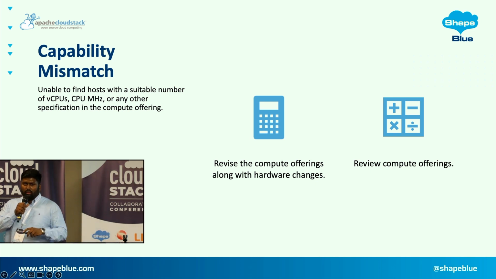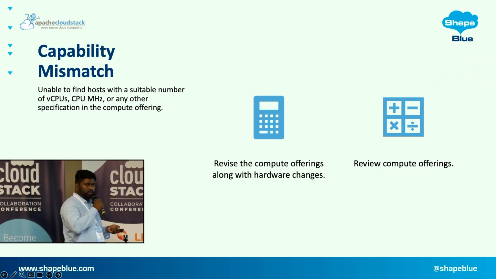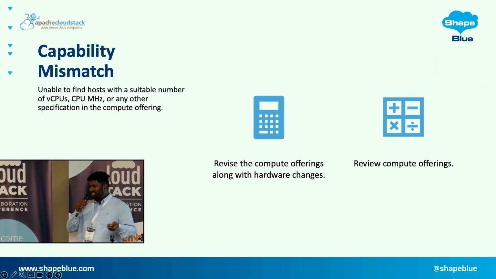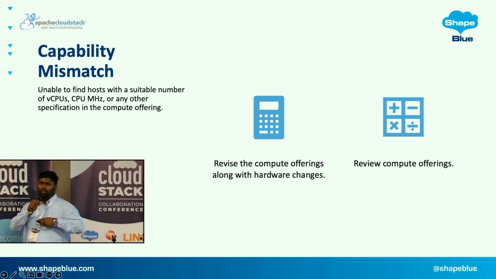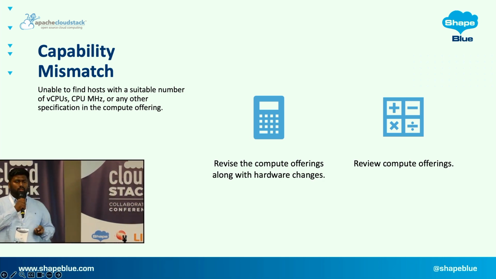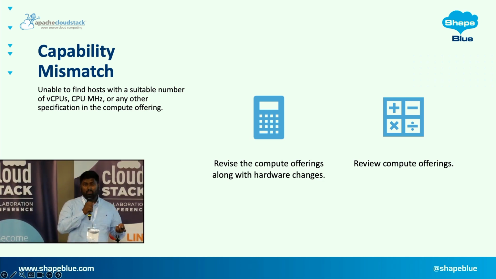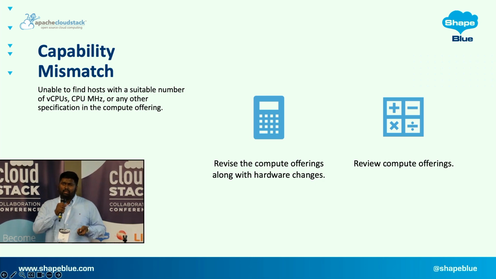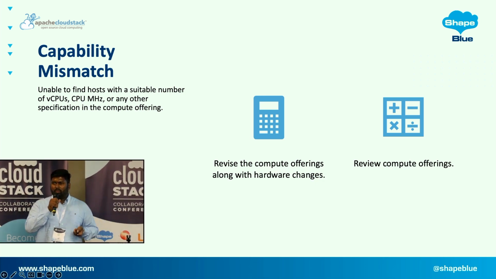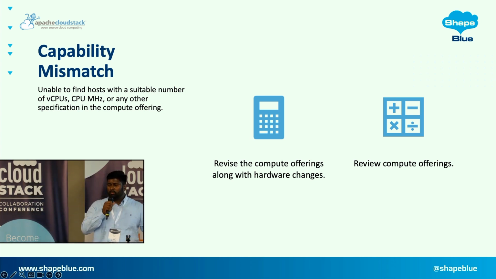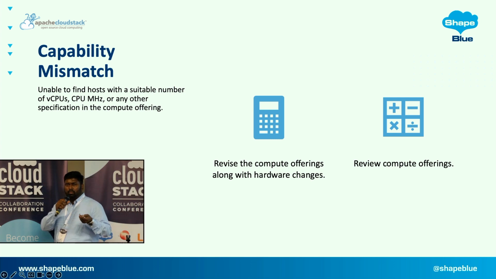On your compute offering, you have specifications such as CPU megahertz and vCPU. If you deploy an instance and the CloudStack deployment planner cannot find a suitable match, you could hit this capability mismatch error as well. This happens mostly when we replace the server hardware with a newer CPU where the CPU megahertz is different.